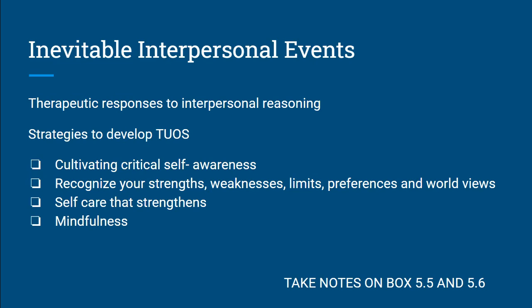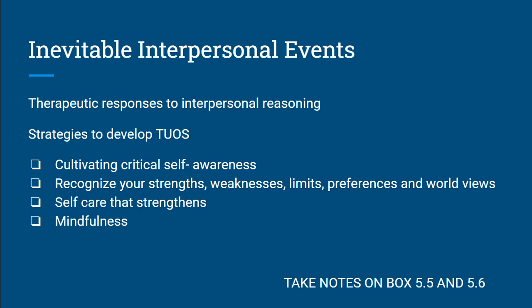So the therapeutic responses, the way that you respond when something happens, can either help or hinder the relationship moving forward. The way that you go about interpersonal reasoning, I would read very carefully on page 132, the therapeutic responses and interpersonal reasoning. There are some bullets there. The different steps will help you to understand this better.